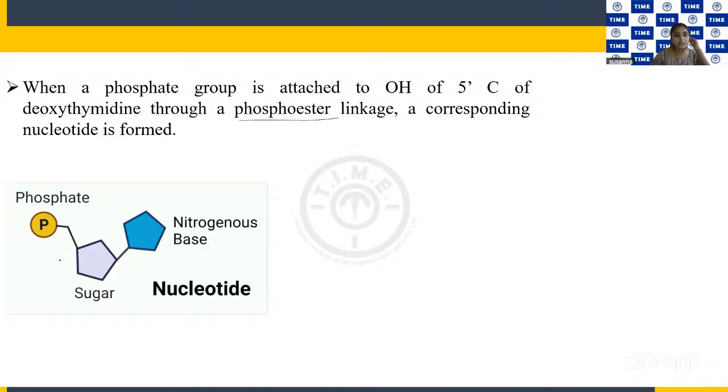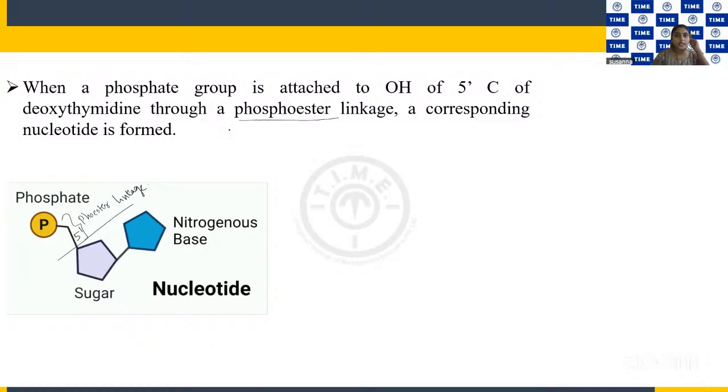So to the 5' carbon, when a phosphate group is attached via phosphoester linkage, we call it a nucleotide.